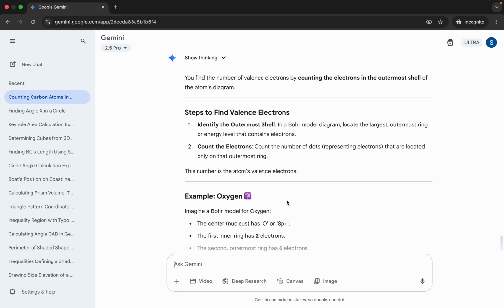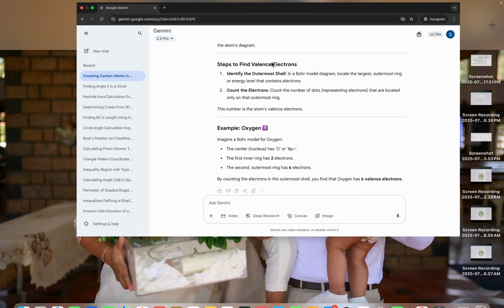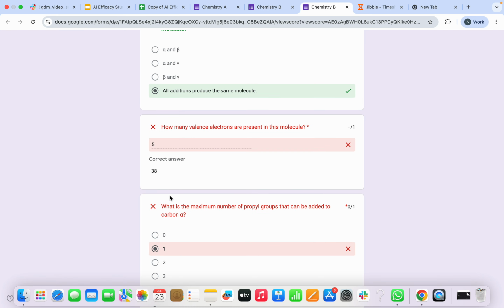Okay, so identify the outermost shell. Locate the largest outermost ring or energy level that contains electrons. Count the electrons. And so here it is 38.